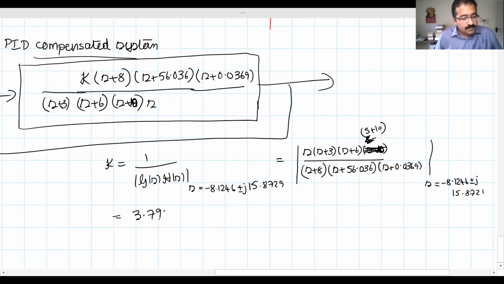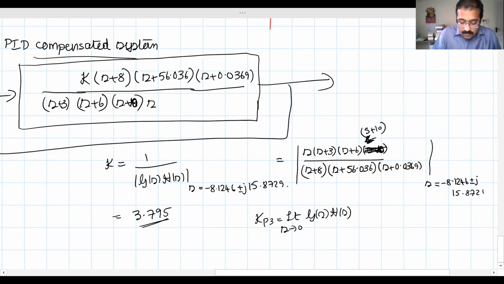Now let us verify the steady state error, because our aim was to insert a PI compensator to make the steady state error 0. What is Kp3? Limit S tends to 0 of G S H S, that is K into the numerator divided by S into the denominator.